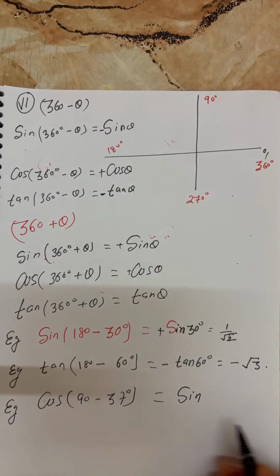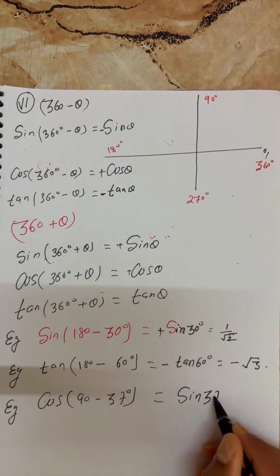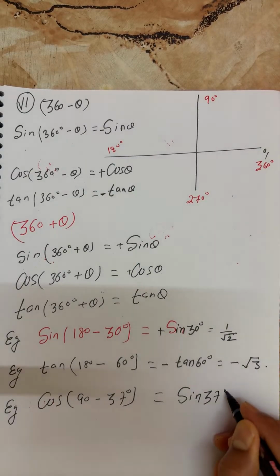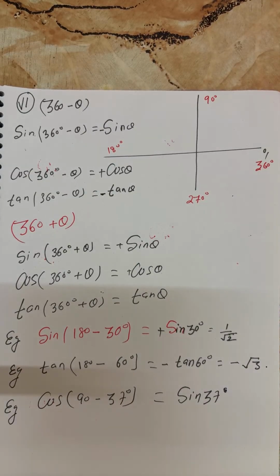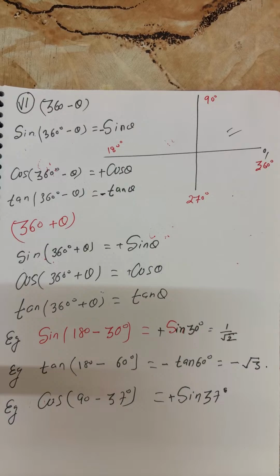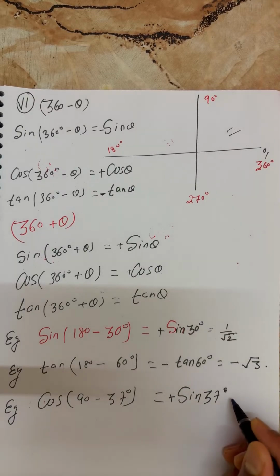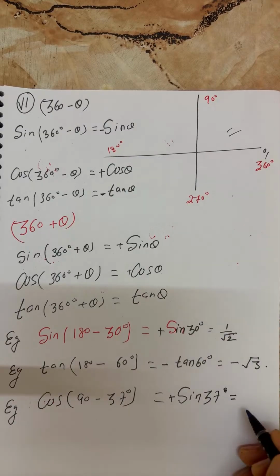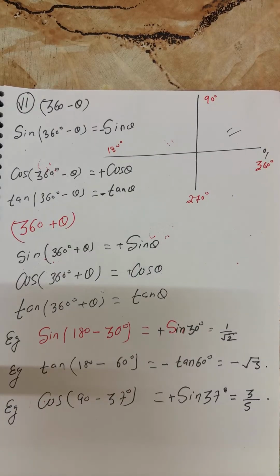And theta is what, kids? 37. Now tell me, is it plus 37 or minus 37? Beta, you can say easily, sir, it's the first quadrant. 90 minus theta means the first quadrant, positive only. So it will come positive sine 37. Sine 37 that we remember here is what, student? 3 by 5.